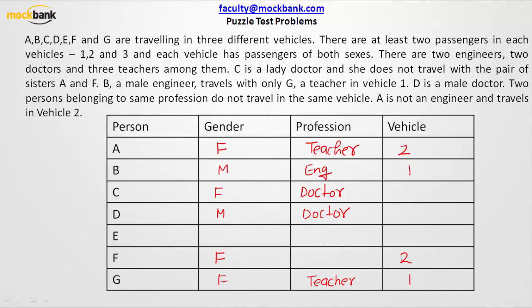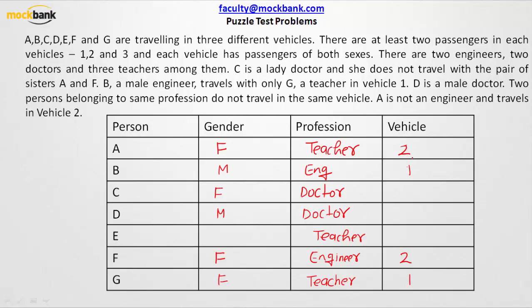Since A and F are traveling together, and A is a teacher, can F be a teacher? No. So F for sure is going to be an engineer, right? Now for sure this person E is a teacher. Right?